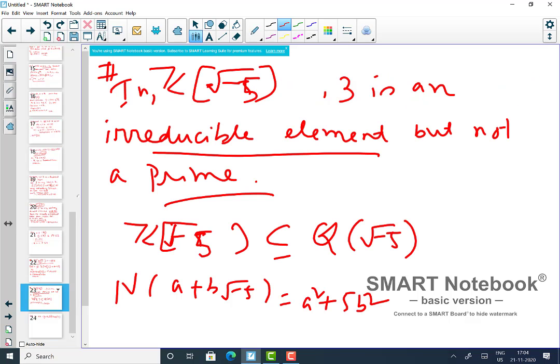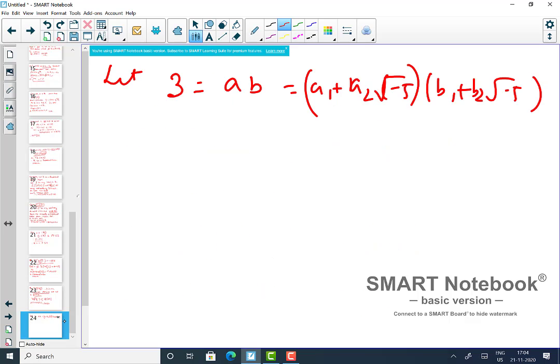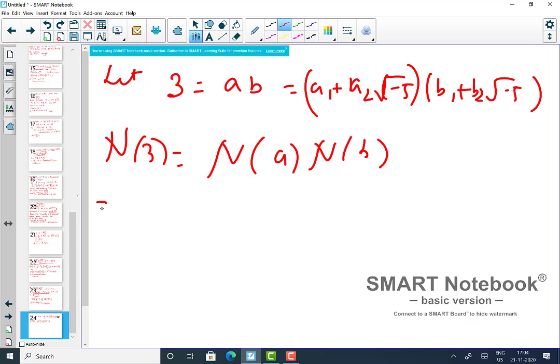Because you see that an element is of this form. Now obviously you can take the norm on both sides, and then you will have norm of a times norm of b. By definition this norm is 9, because 3 means 3 plus 0 times root minus 5, so 3 square plus 0 square is 9, and this will be norm of a times norm of b.